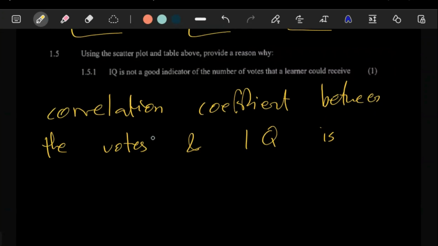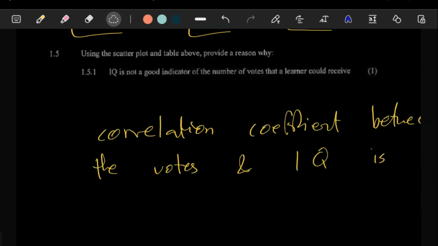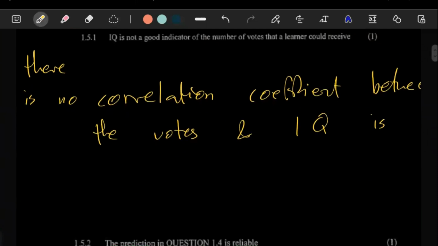We can just say there is no correlation, because if the correlation is not there, it means it's also low and weak. So we can say there is no correlation coefficient between, or rather, when you say no, I think no may be seen as a bit wrong. So let's just say the correlation coefficient between the votes and IQ is very low.